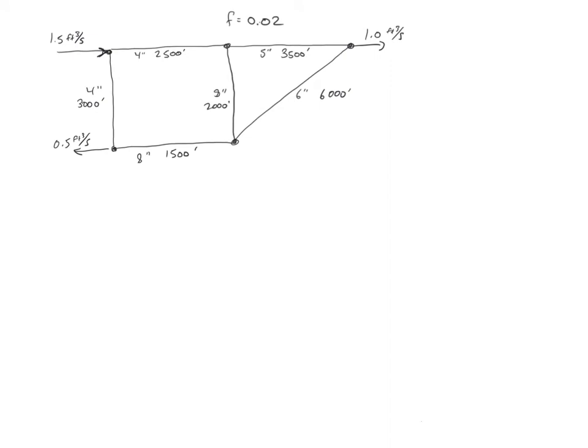All right. Step 1, Hardy-Cross method. Determine a value for n. Remember, Darcy-Weisbach, n equals 2, Hazen-Williams, n equals 1.85. So are you going to use Darcy-Weisbach or are you going to use Hazen-Williams?